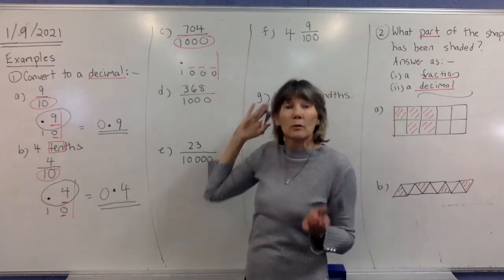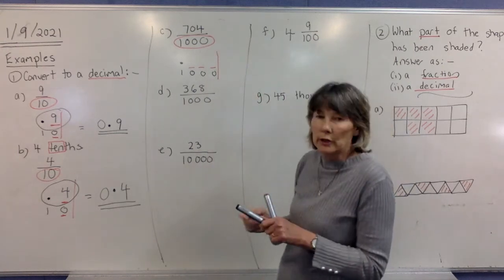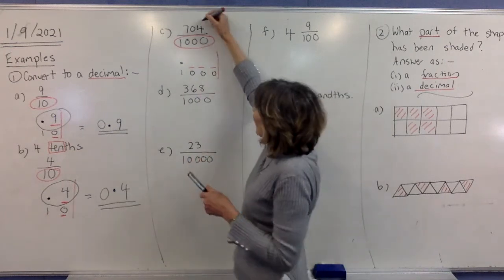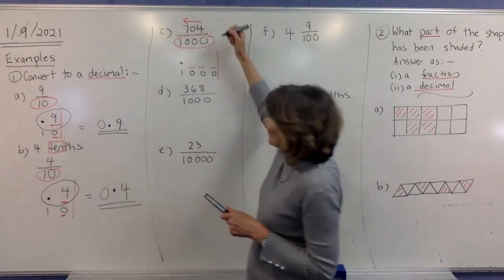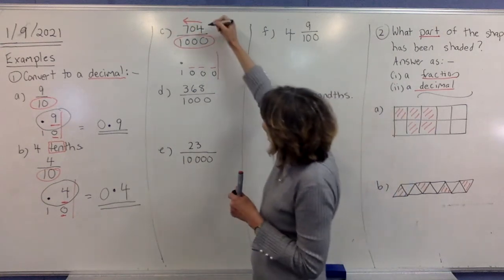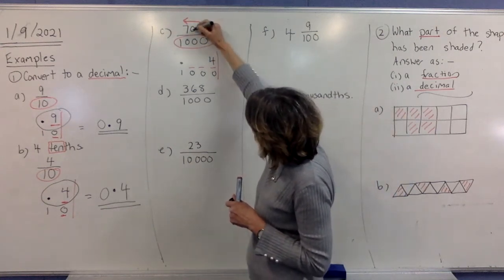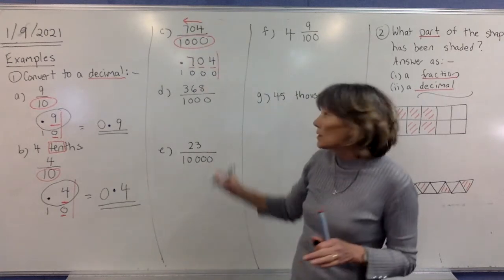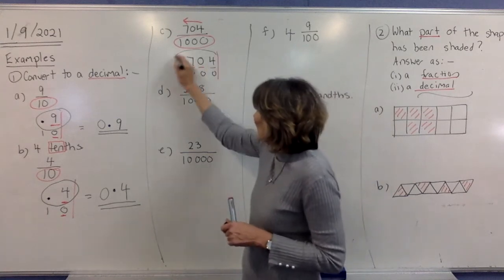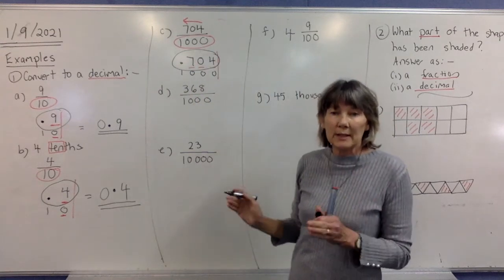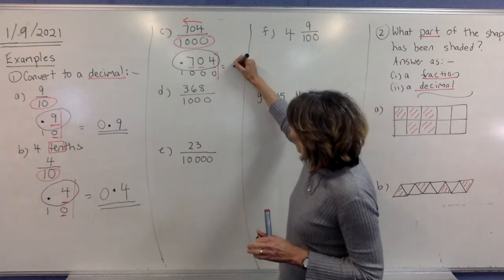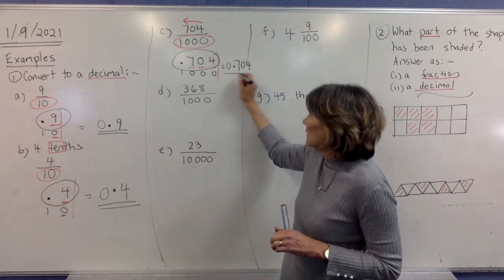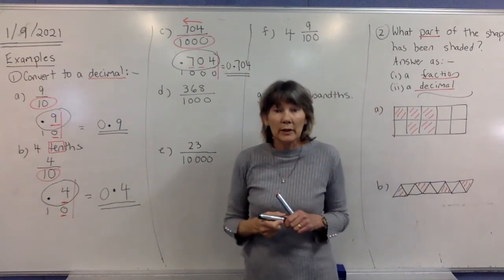There's a reason for that, which you'll see in a minute on some of the other questions. So I'm going to put in my 704, but I'm going to start at the end and work backwards. I'm going to put my 4 in first, then my 0 in front, and then my 7. So my answer for this question is just this bit here, 0.704. Again, if you want to put a 0 in before it, you can. That's up to you.